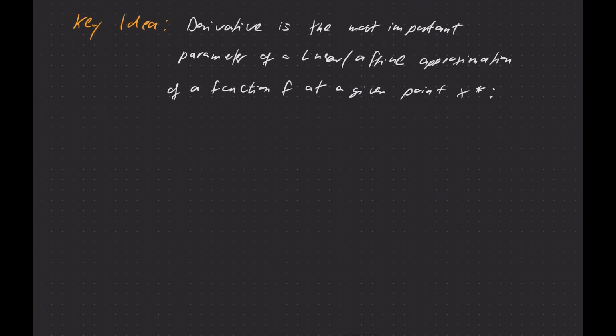Then what we have is basically f prime of x star is defined as the limit of x tends to x star of f of x minus f of x star divided by x minus x star.